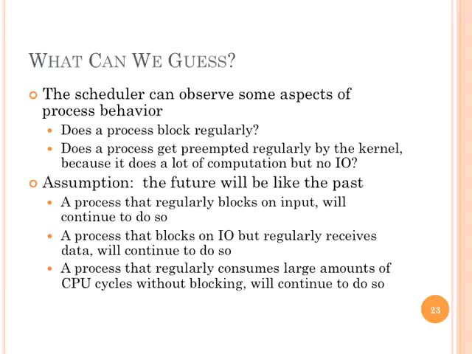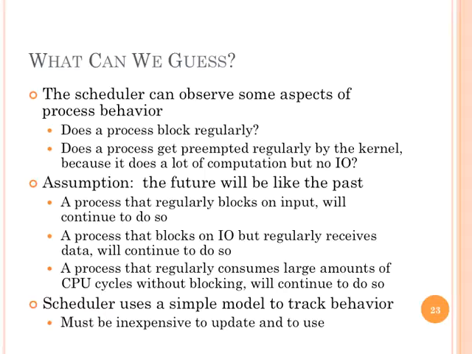We make an assumption, which is generally an okay assumption, that the future will be like the past. So if a program is blocking a lot, it will continue to block a lot. If we have a program that blocks a lot, but it resumes quickly because its resource becomes available quickly, then we can notice that as well. And if we have programs that are sitting on the CPU and get preempted a lot because the kernel's timer goes off, we notice that kind of stuff.